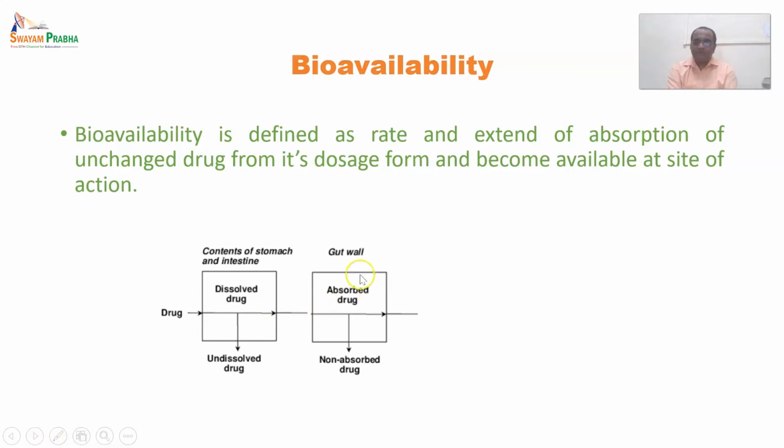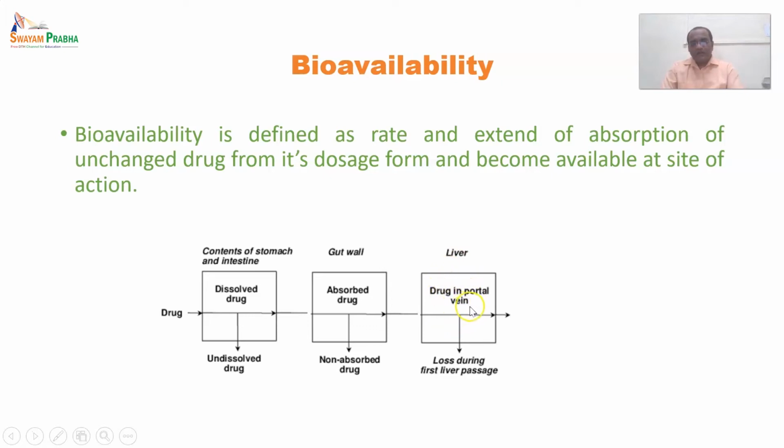Once it comes to the gut wall, the drug is ready for distribution towards different compartments, and the non-absorbed drug will be eliminated or removed from the gut wall. After that it will come into the liver, and once it comes to the liver there will be metabolism, or we can say some alteration in the structure.